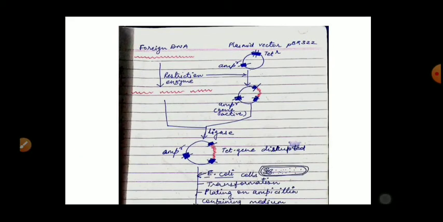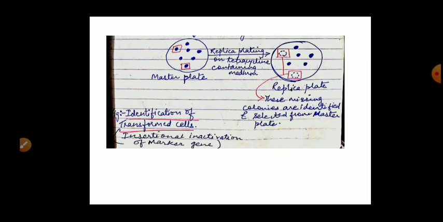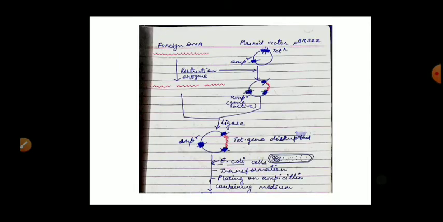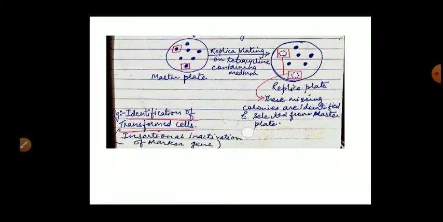So the foreign DNA gets inserted inside the tetracycline resistance gene and the tetracycline gene is disrupted. That means now the recombinant plasmid loses its tetracycline resistance, but the ampicillin resistance gene is intact. This plasmid is called a recombinant plasmid.